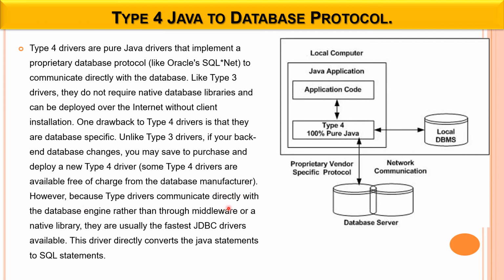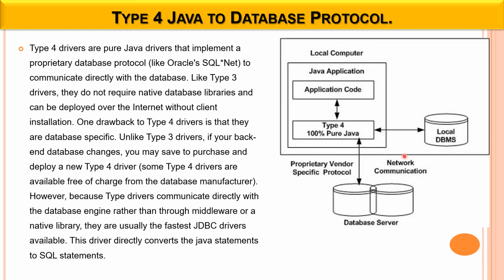However, because type 4 drivers communicate directly with the database engine rather than through middleware or a native library, they are usually the fastest JDBC drivers available. This driver directly converts Java statements to SQL statements. This is the most important advantage of type 4, that is Java to database protocol, that it directly converts Java statements to SQL statements.